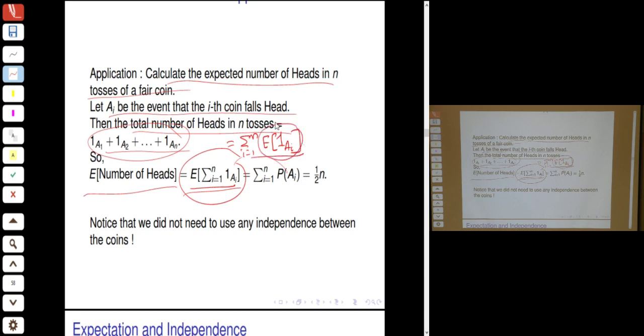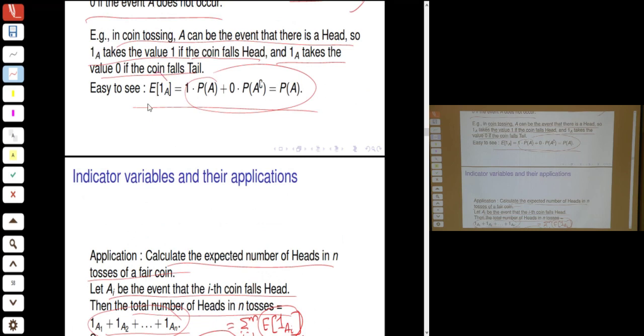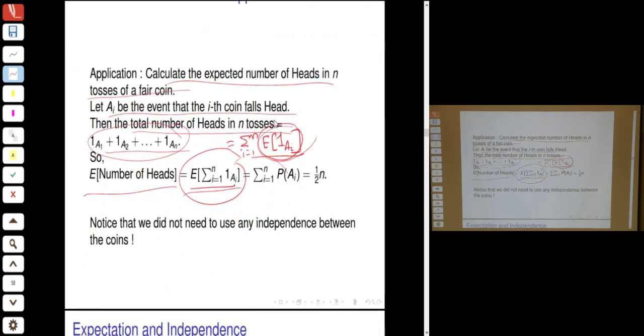But the expectation of the indicator, as we saw in the last slide, is just the probability of that event. So the expectation of indicator of Ai is just the probability of Ai, and if you sum the probability of Ai, it is half n. Because for a fair coin, the probability of Ai is 1/2 for each i, and if you sum 1/2 n times, you get half n.